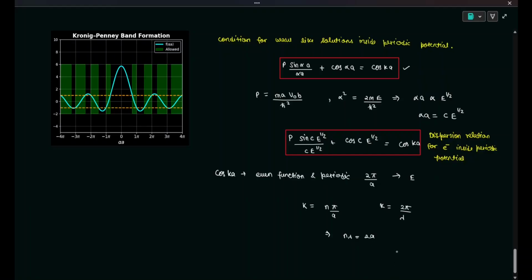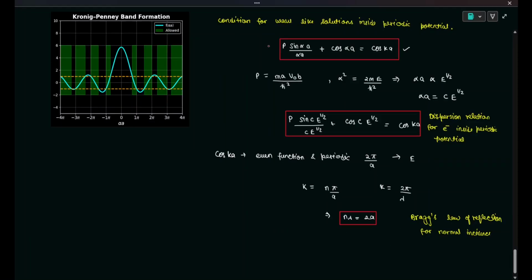If you remember, this is the condition for Bragg's law of reflection for normal incidence. This means that the zone boundaries act as a Bragg reflector for the electron, and the electron suffers Bragg reflections, which results in discontinuities in the E-k curve.